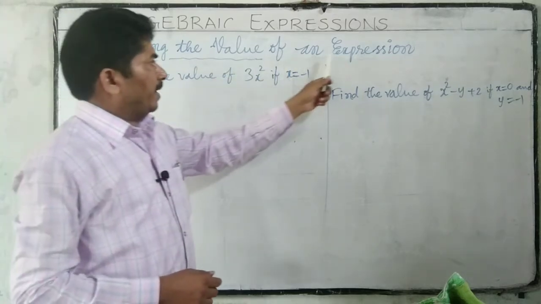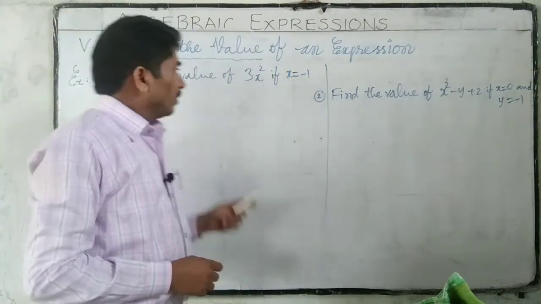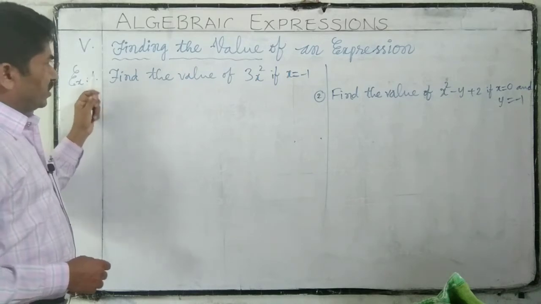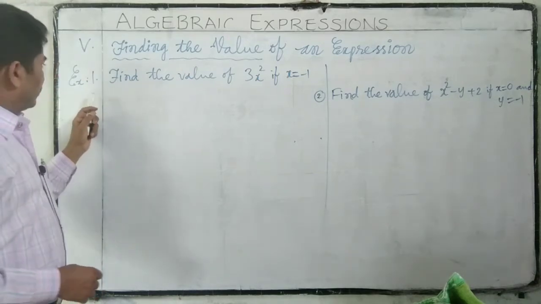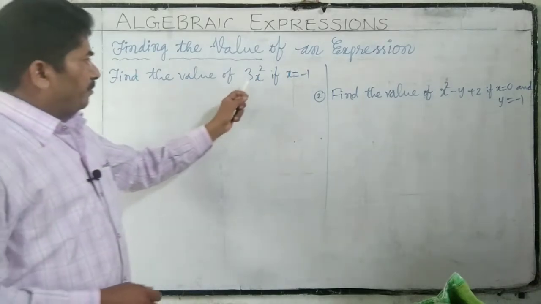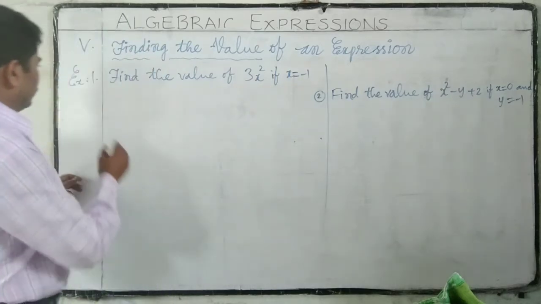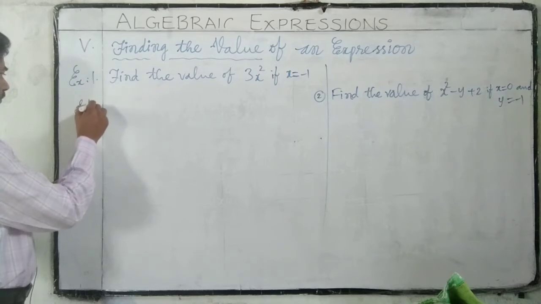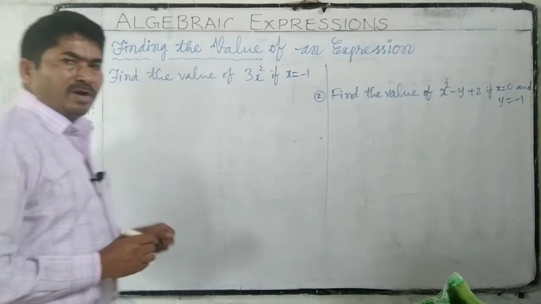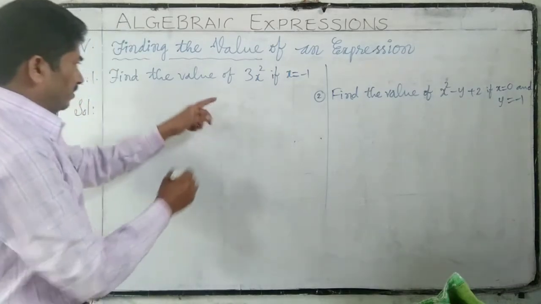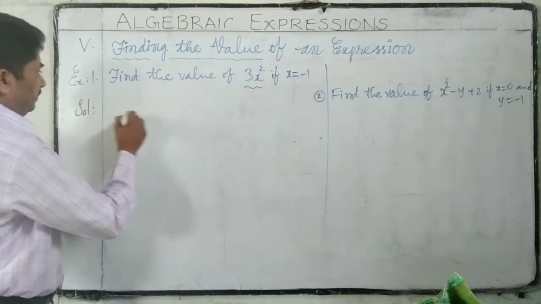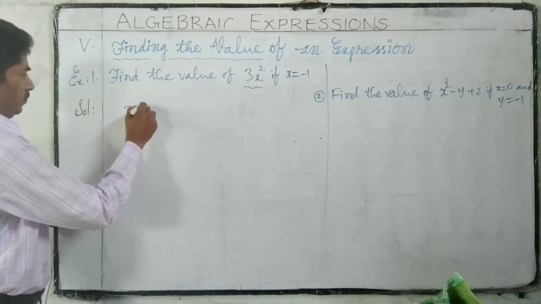Finding the value of an expression. To understand this, here we have two examples. First one: find the value of 3x square if x is equal to minus 1. To find the value, first we have to write the given expression 3x square.